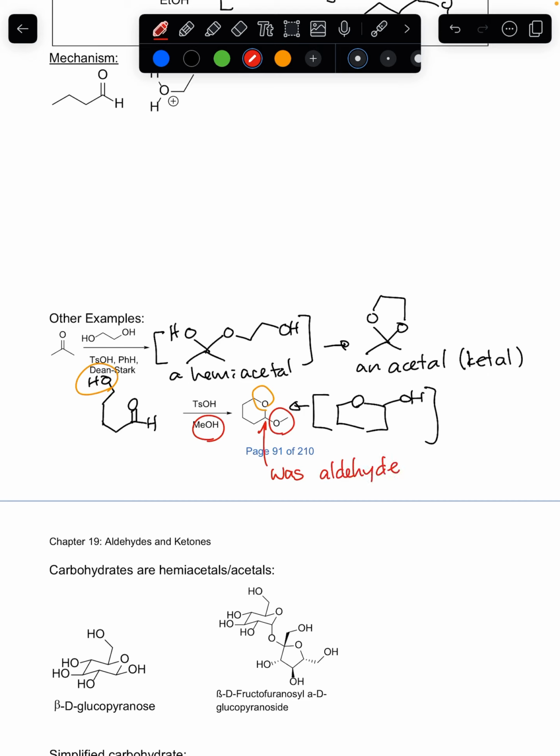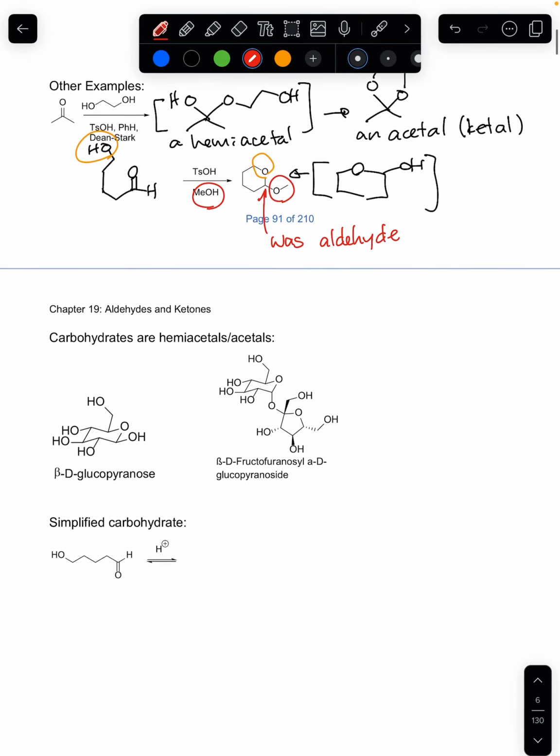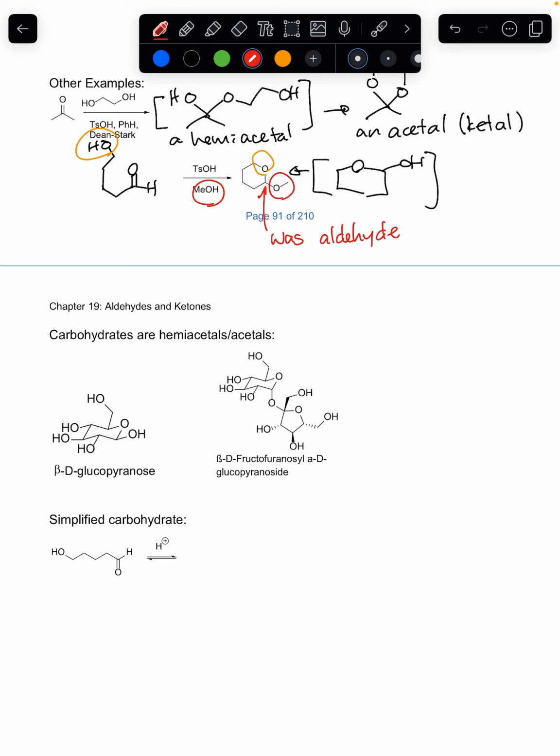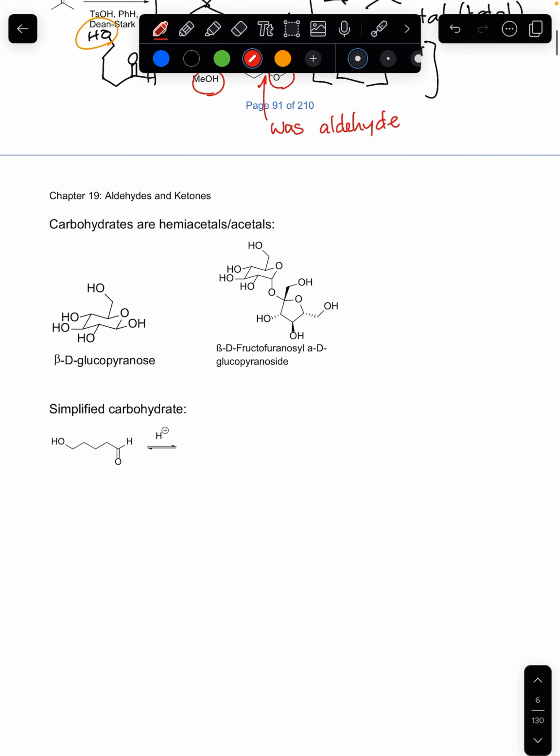It's an important skill for you to be able to identify the carbon that used to be the aldehyde or the carbonyl carbon, because that becomes important when we look at carbohydrates as hemiacetals and acetals. What characterizes them as carbohydrates is what the word sounds like: every carbon is hydrated.